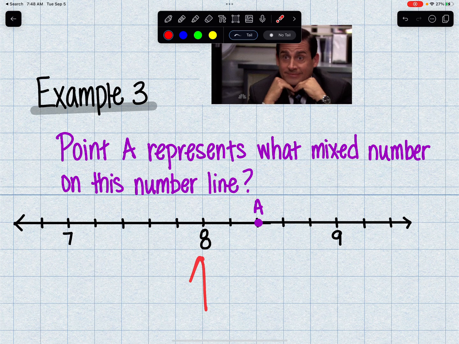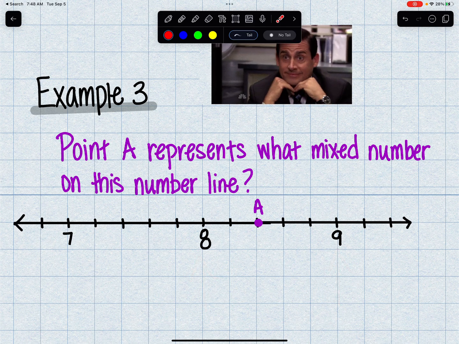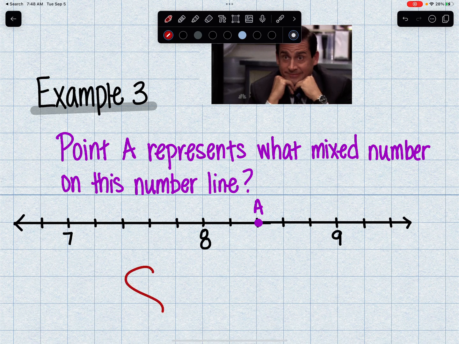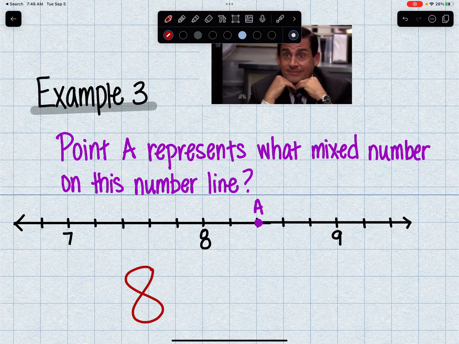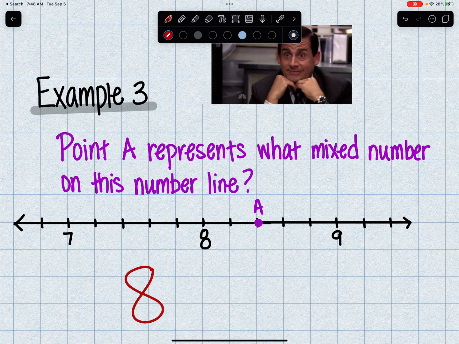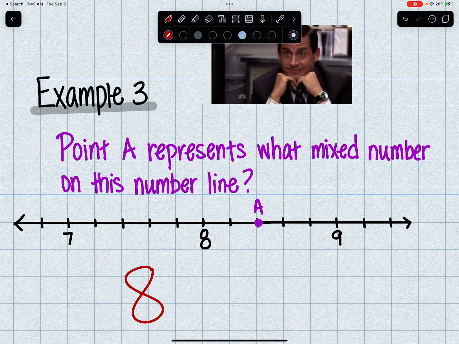So here's the 8 and here's the 9. So we know the number is going to be between 8 and 9. So that tells us that the first part of the number is going to be an 8. The next part is going to be the fraction part. We have to add the fraction part to it. So to find the fraction, first you look at the number of segments between 8 and 9.